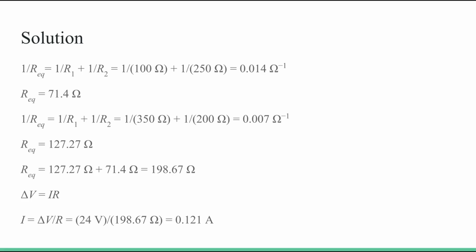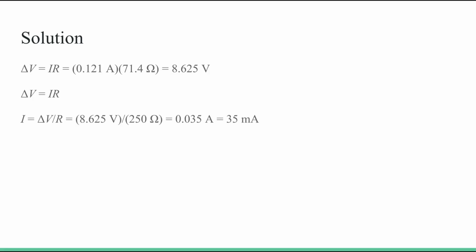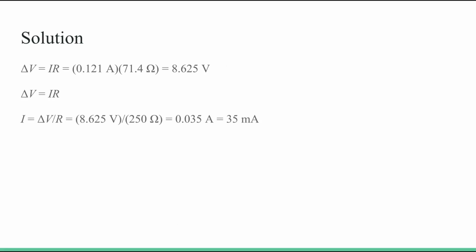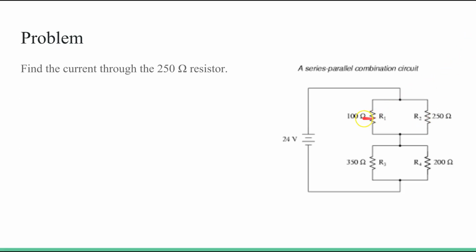Then you use Ohm's law to find the voltage drop. So you have 0.121 amperes times the equivalent resistance combination, 71.4 ohms, equals 8.625 volts. So that's the voltage drop across the equivalent resistor.